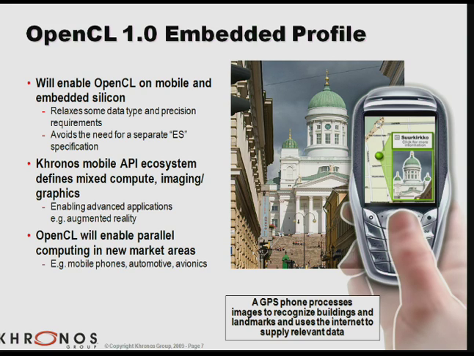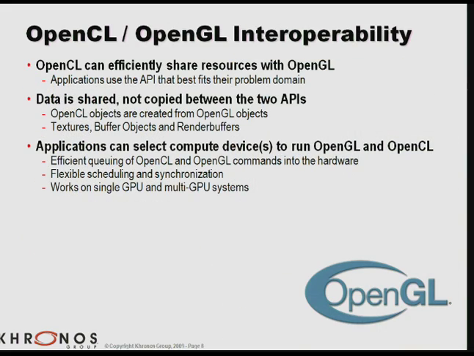Some of the data types and precision requirements are relaxed, but it's still going to be a very proficient parallel programming framework to enable a new class of applications to begin to appear in mobile and handheld devices. Again, OpenCL is not just for high-end computing applications. It's intended to create new market opportunities across the range of devices and markets.